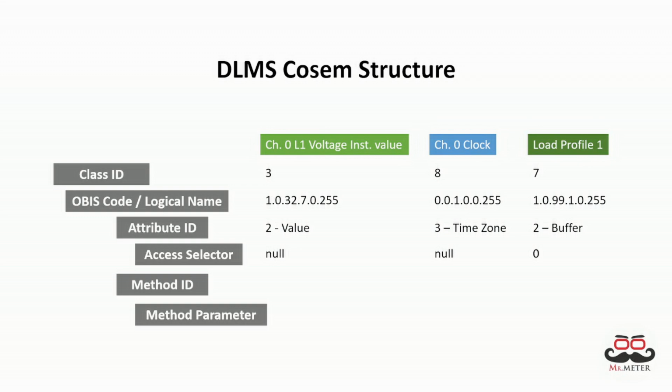The method ID and method parameters are used when your object has a method that you can execute or call. For example, a clock has a method to set to quarter.